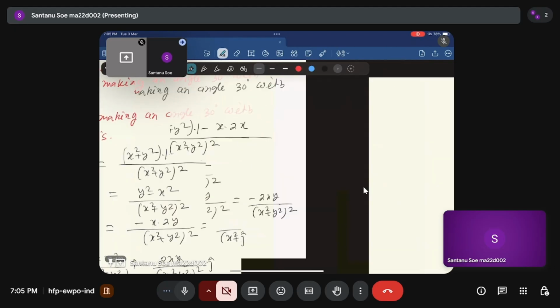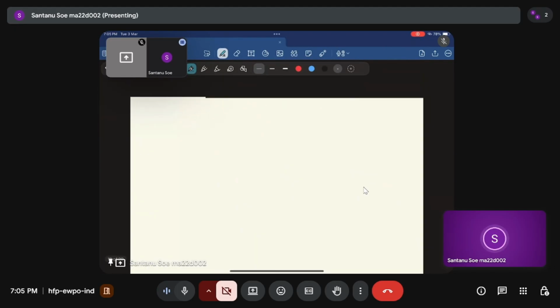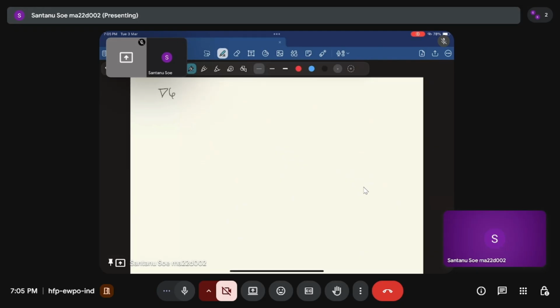Okay. So gradient of phi at 0 comma 2 is gonna be 4 divided by 16 I cap plus 0 j cap. So this is just 4 divided by 16 I cap. Okay.